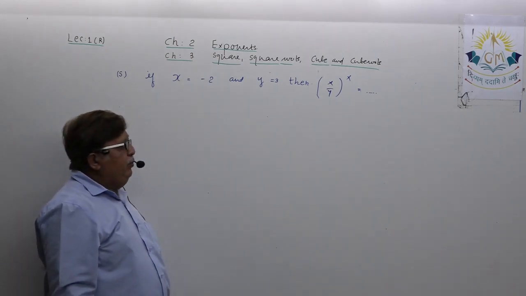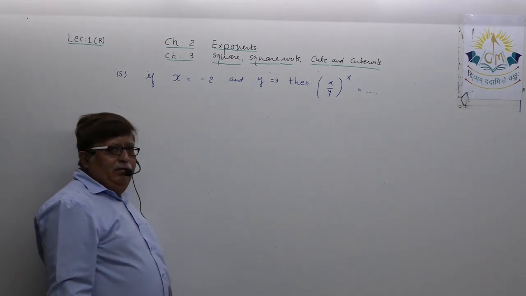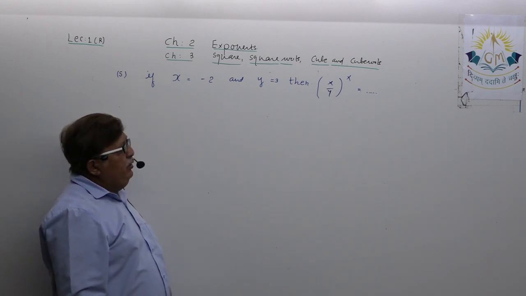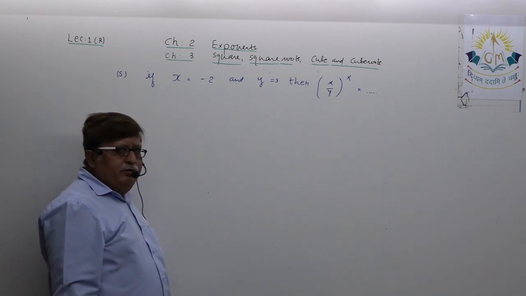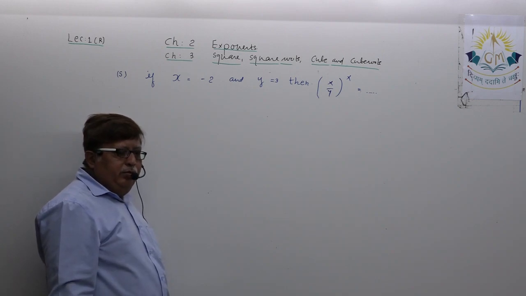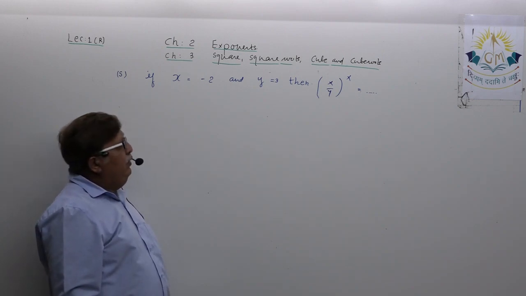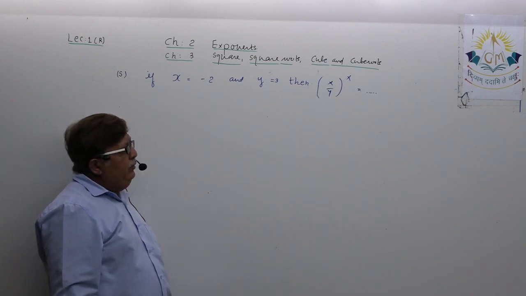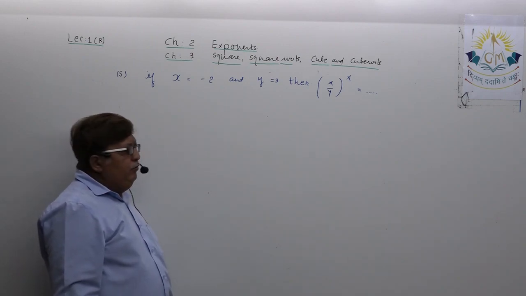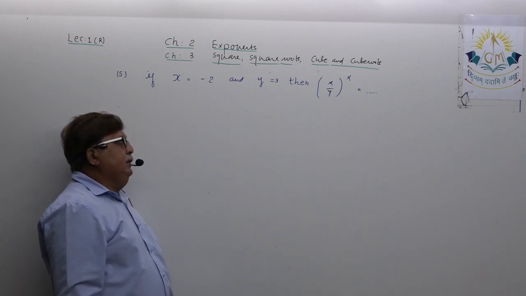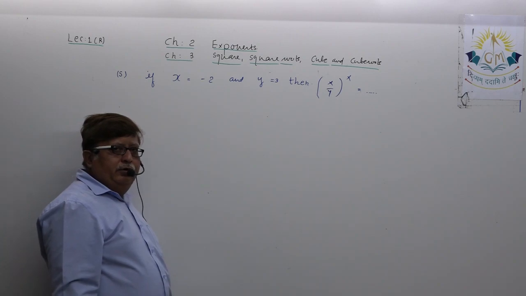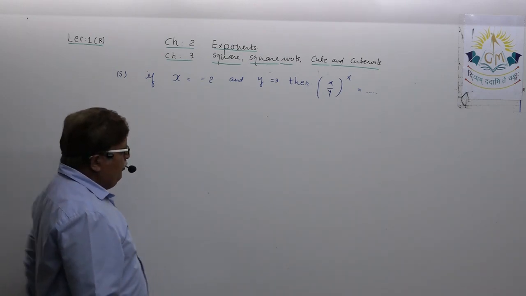This is the expression. I have asked in WRT, even in revisional WRT also, somewhere such MCQ type of question I have asked. X equal to -2 and y equals to 3. Then evaluate x upon y raised to x.